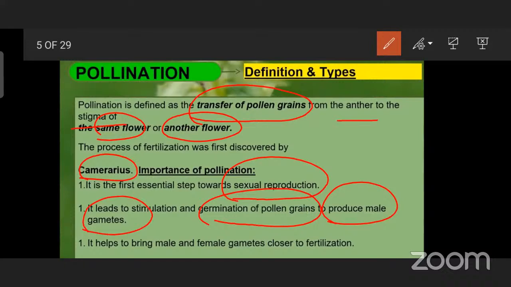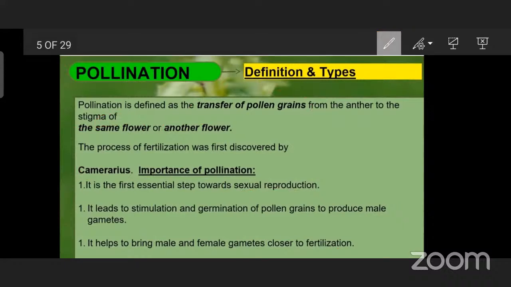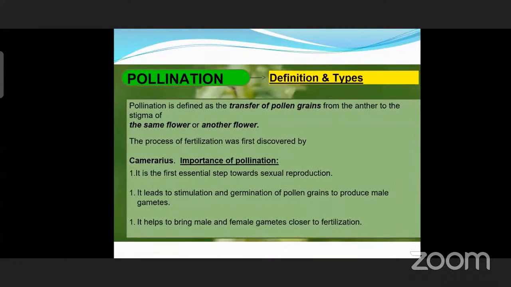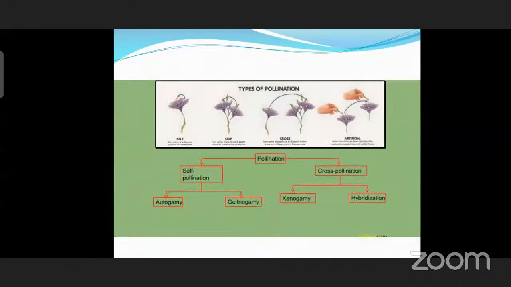It helps to bring male and female gametes close to fertilization. This is the importance of pollination. We will go with the next slide.